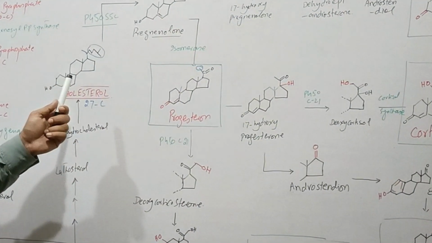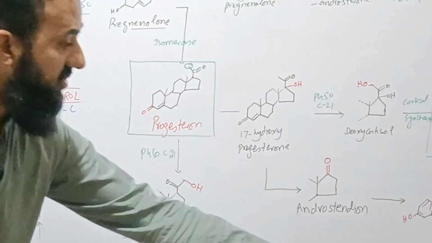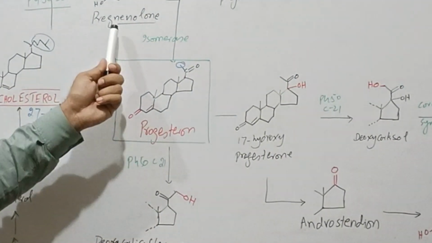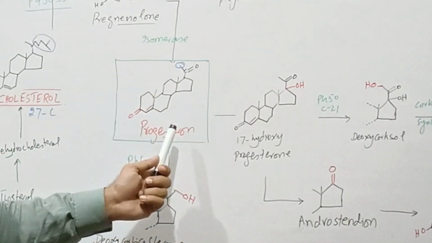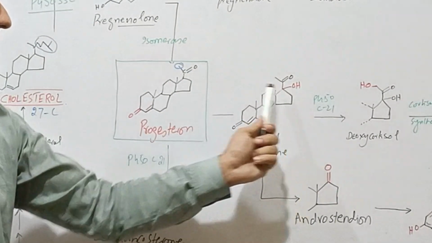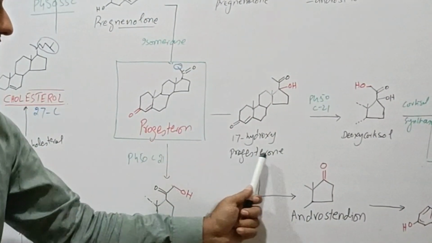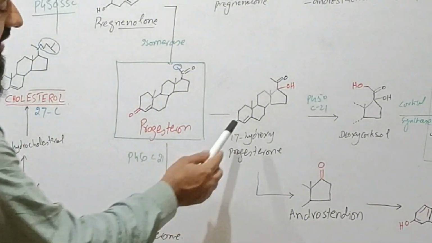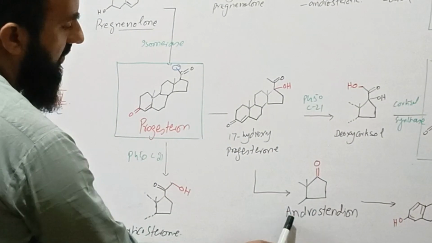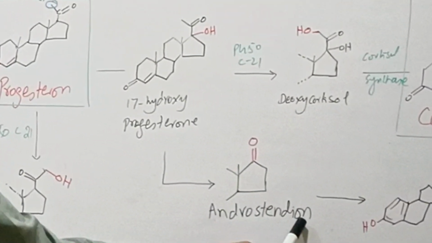Okay, now let's see how estrogens are prepared. Progesterone formed from the isomerization of pregnenolone undergoes hydroxylation at the 17 carbon. The rest of the structure remains the same and we get 17-hydroxyprogesterone, which undergoes oxidation at the 17 carbon. So we get androstenedione.